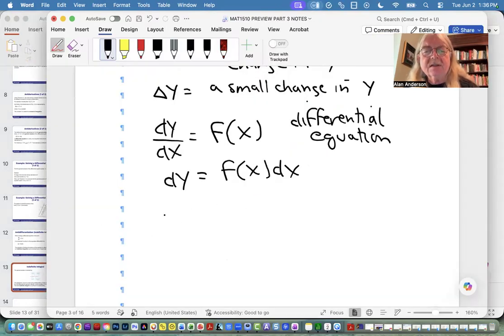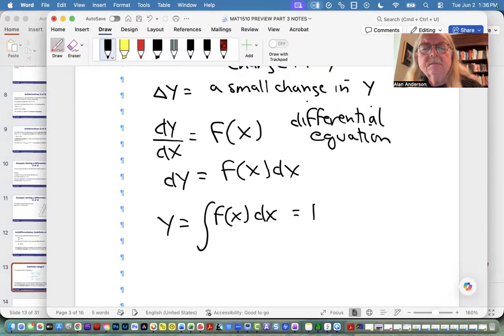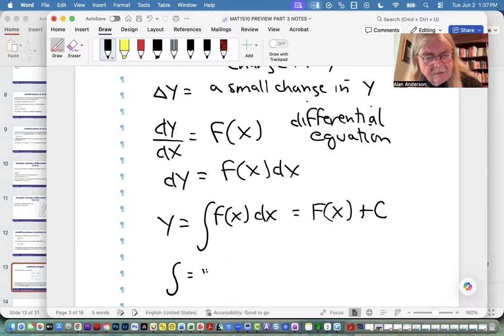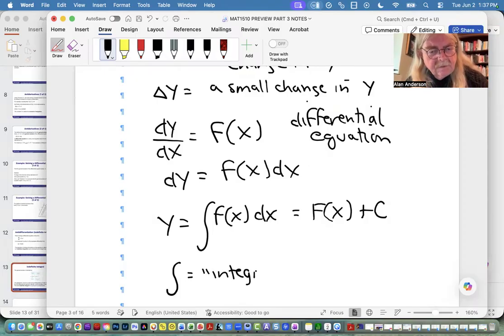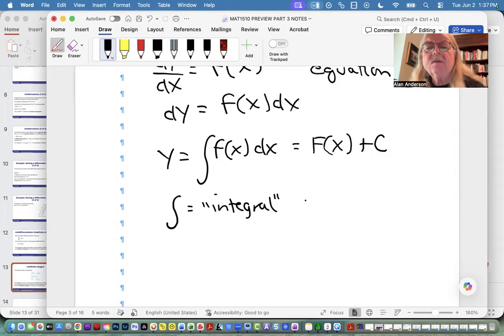Now, this is the first time we're going to see this symbol, by the way. This is the integral symbol. It looks like a big S. And as it turns out, this represents an infinite sum.